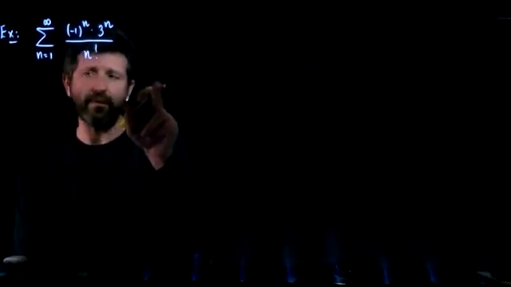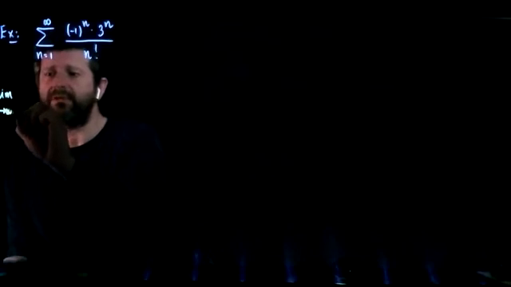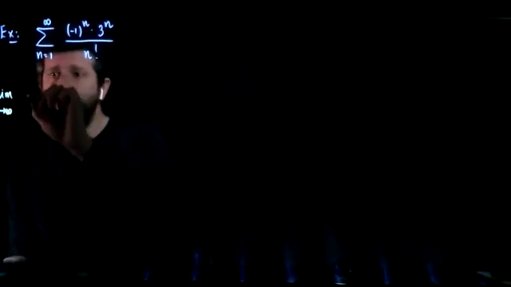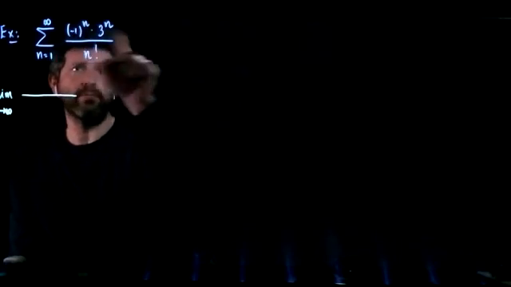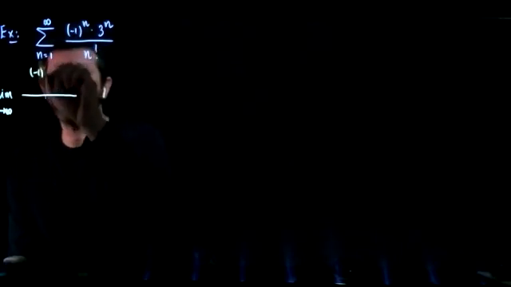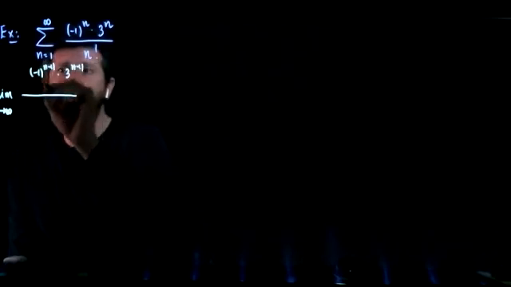until n. Okay, so my ratio test is limit as n approaches infinity of a_(n+1), basically this with an n plus 1 everywhere. So a_n, so -1 power n plus 1, 3 power n plus 1 over n plus 1 factorial.